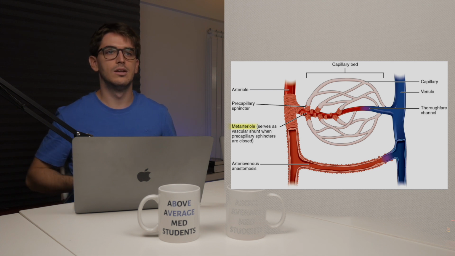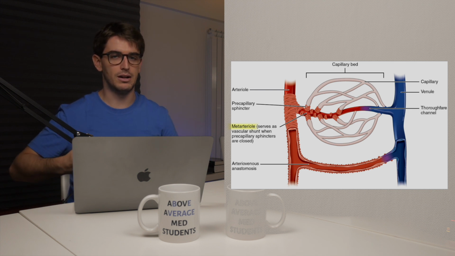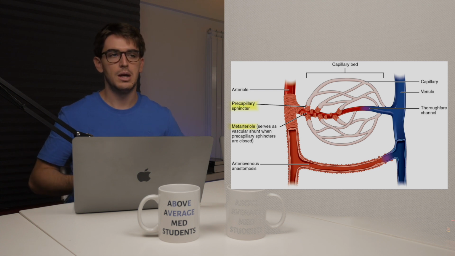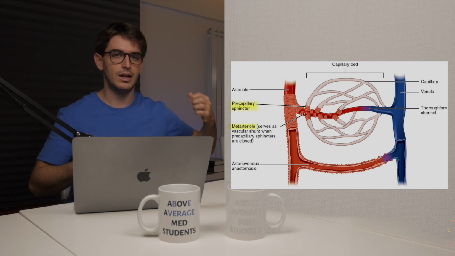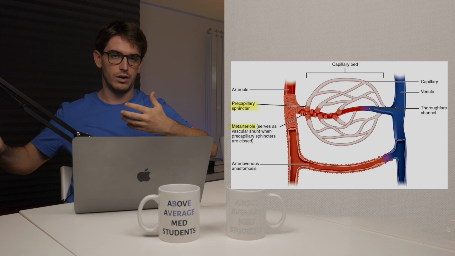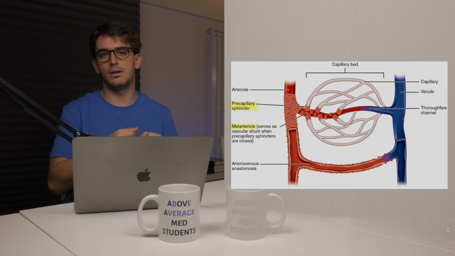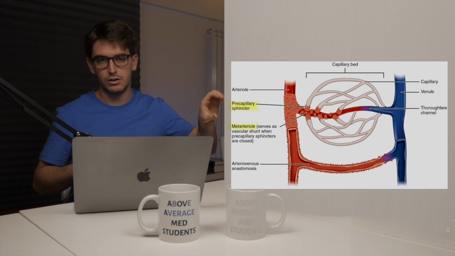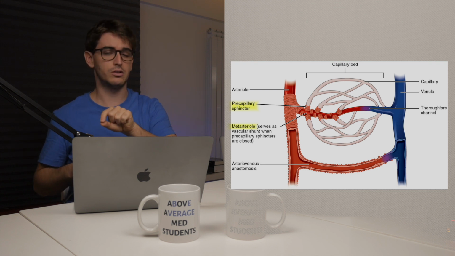Also, you should know that at the beginning of capillaries, there is the presence of sphincters. What does this mean? That if the sphincters are open, blood will flow from the arteriole into the capillary bed and then back into the venule. Instead, if these capillaries are closed, blood will flow directly from the arteriole through this single metarteriole and into the venule.